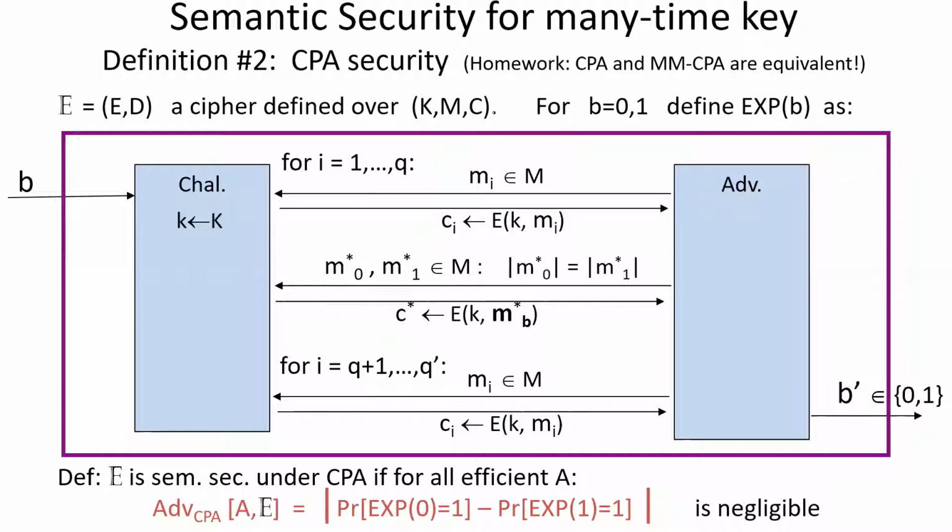So I already basically alluded to how one direction is easy, because I explained on the previous slide that the multi-message security, so-called left or right security, basically this interaction is a special case of the left or right. It's a special case where in all Q queries here, the left and the right were the same. And for these queries from Q+1 to Q prime, again, left and right were the same. The only pair that differed is this one. So this is a special case of the other attacker.